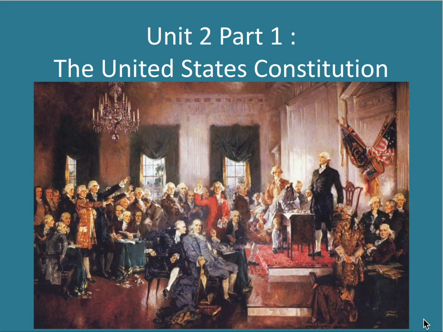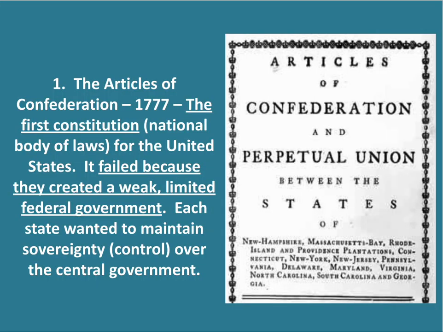So, with that being said, this is our U.S. Constitution, but it's not our first Constitution. Here we see something called the Articles of Confederation, established in 1777, which, if you recall, is 1 year after the Declaration of Independence was written in 1776, as we are caught up in the American Revolution.